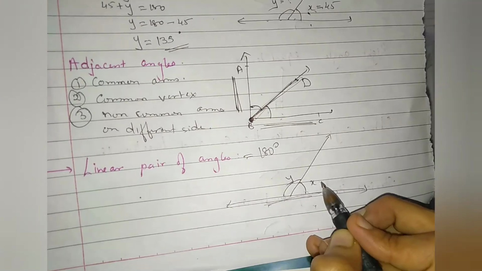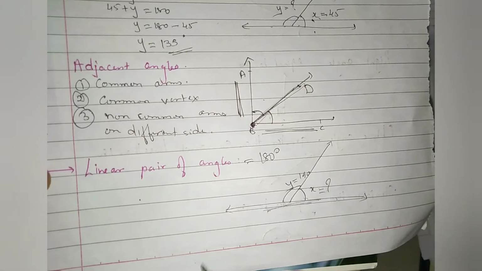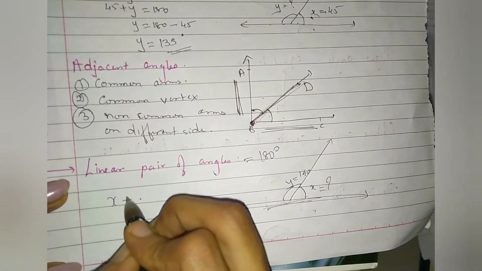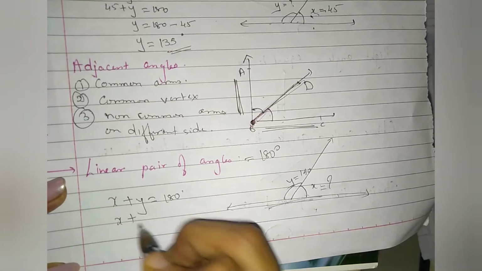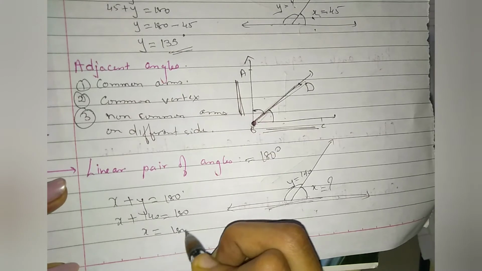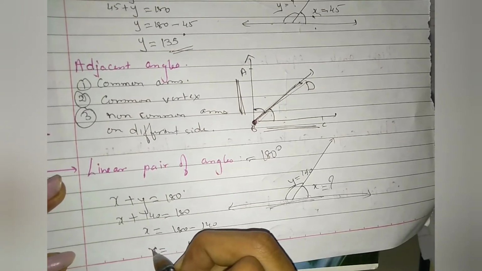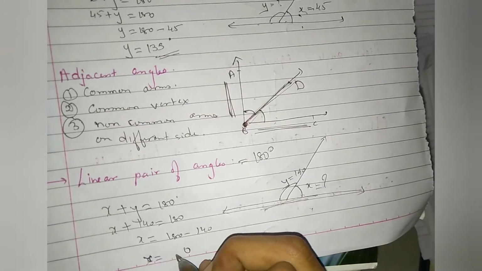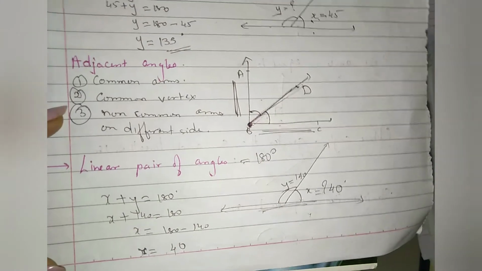Now see, if you are given this Y as 140 and you have to find X, so X plus Y equals 180, so X plus 140 equals 180, so X equals 180 minus 140, which is 40.